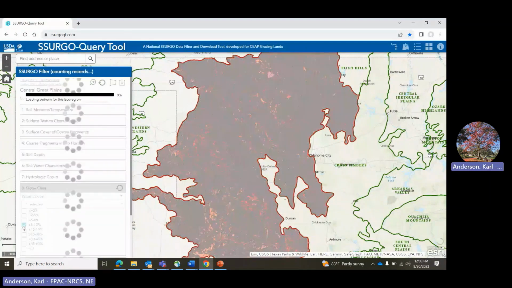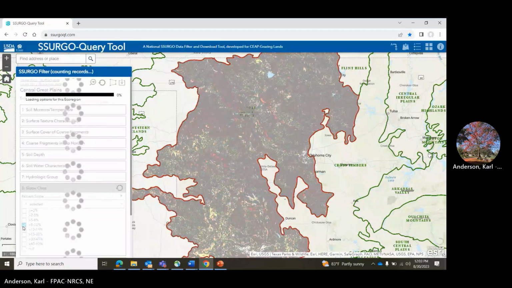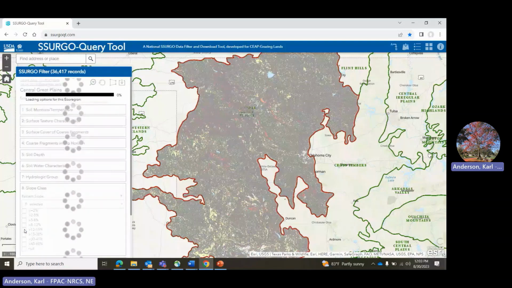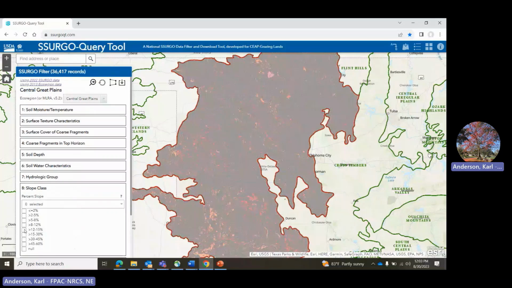Once you get above 5 to 8, the yellow means that there are some components in that complex, some soils within that complex that will have those features, but it's less of the soils within the complex that have those features.